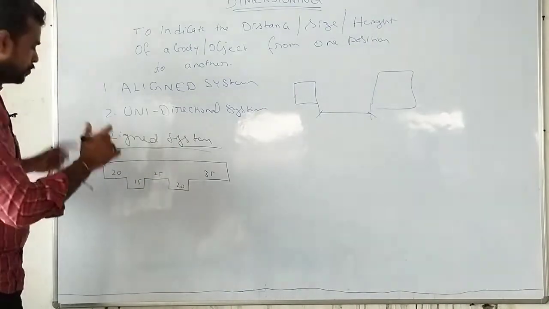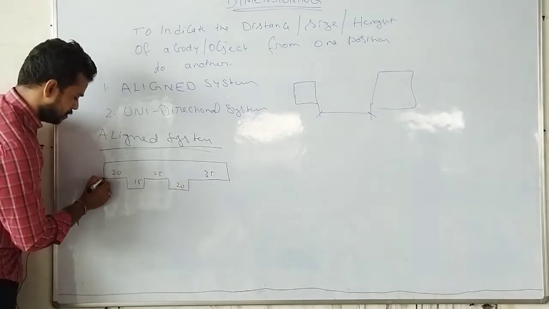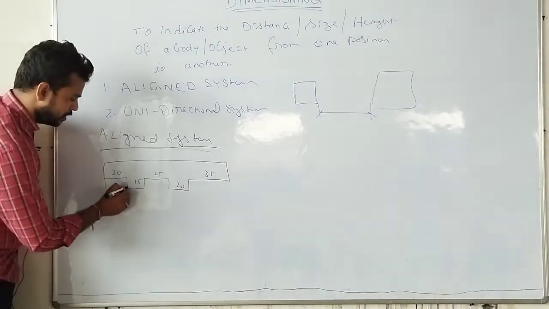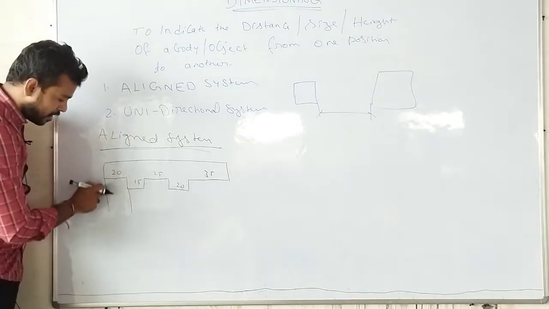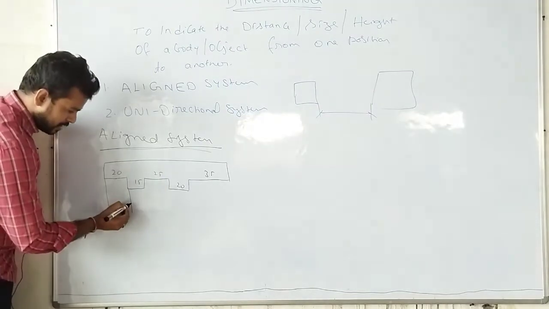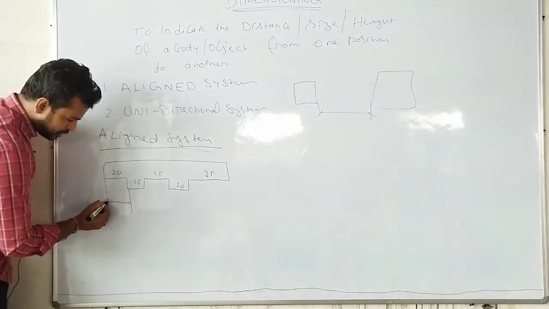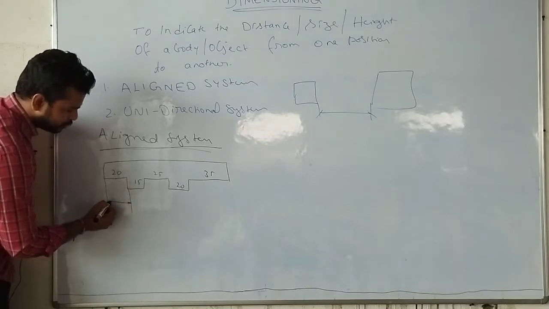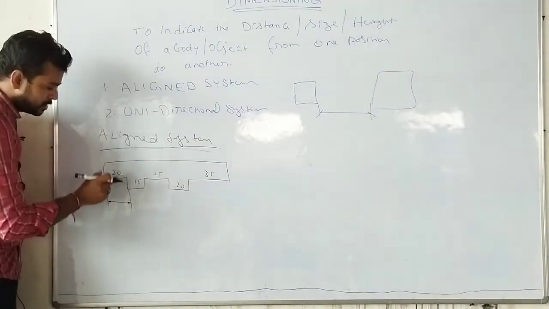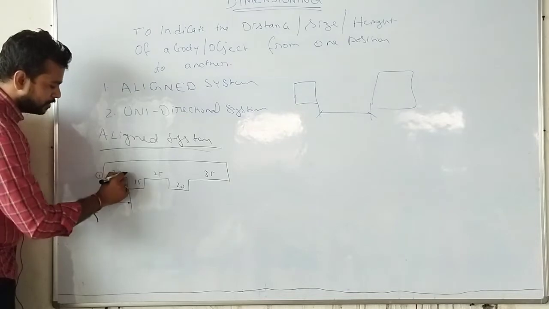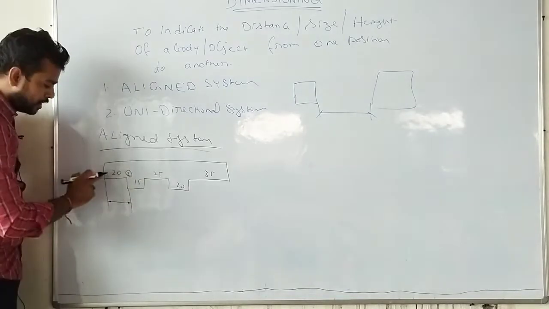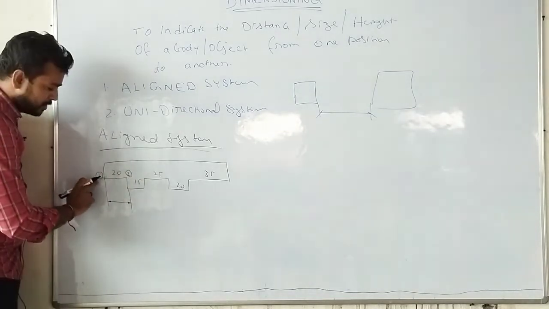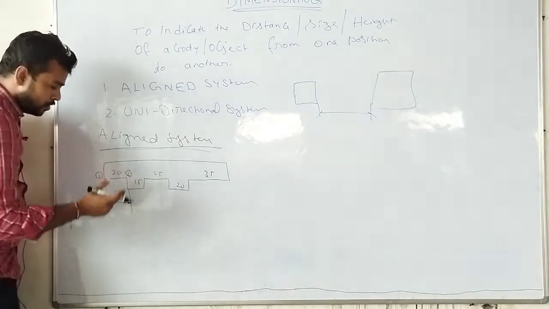With the help of extension lines. These are called extension lines. Perpendicular to extension lines, you will draw the dimensioning line. Suppose you are going to indicate the distance between here and here. This is position 1, this is position 2.